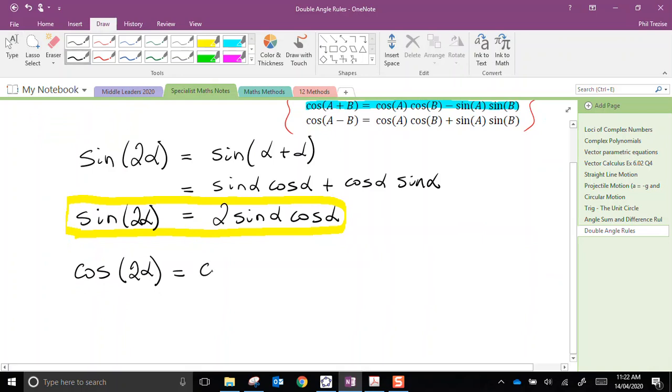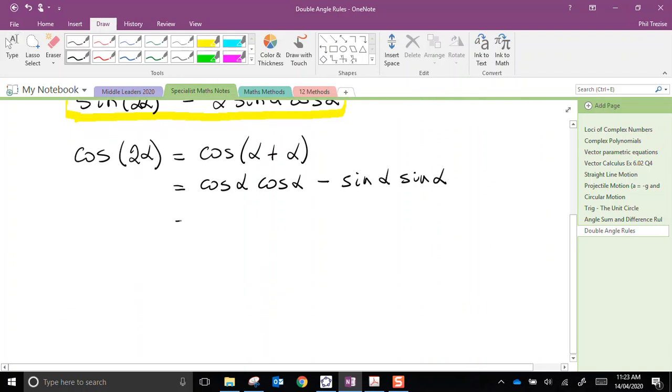I'll write this as cosine of alpha plus alpha just to match what I did previously. So I'd have cosine of the first by cosine of the second minus sine of the first angle by sine of the second angle. Now that's cosine squared alpha take sine squared alpha. That's certainly one of the rules that we would use.